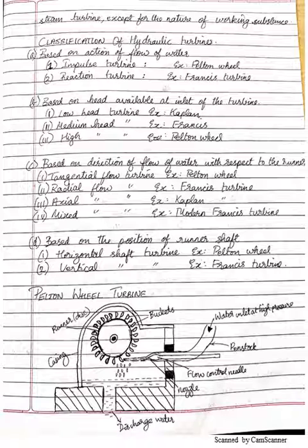Similarly, when the water moves in the radial direction, it's called a radial flow turbine, and if it flows along the axis of the runner, that's called an axial flow turbine. Then based on the position of the runner shaft, there are horizontal shaft turbines and vertical shaft turbines, that is, whether the shaft is placed horizontally or vertically. And again, these are examples of the Pelton wheel and Francis turbine. Then let's move to the three important turbines that we will be studying in detail.